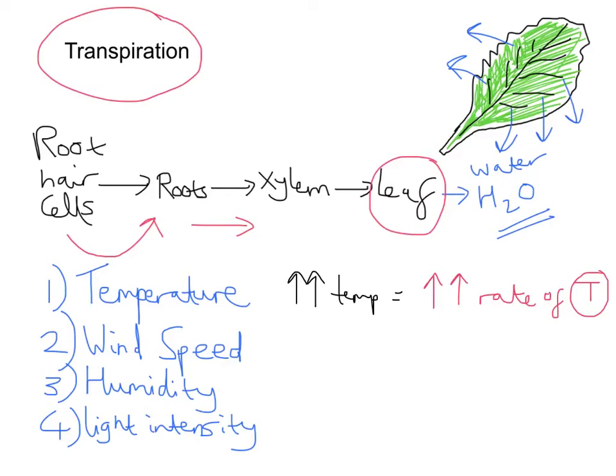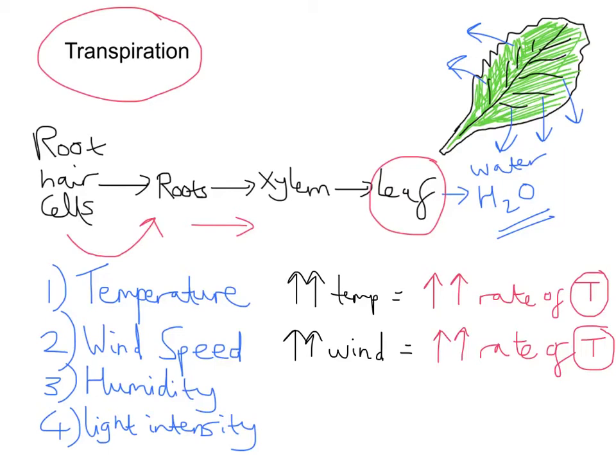Wind's an interesting one. If you increase the amount of wind, that too would increase the rate of transpiration. Now that's because as the water vapor molecules diffuse out of the leaf, the wind would blow them away from near the leaf.